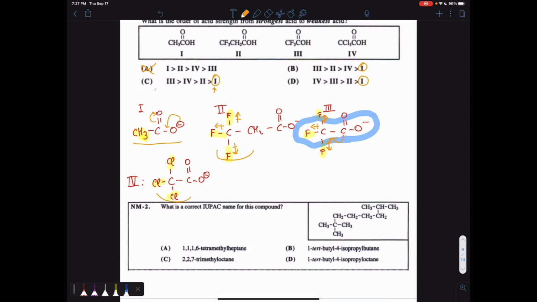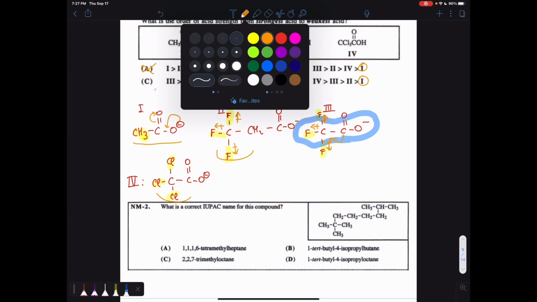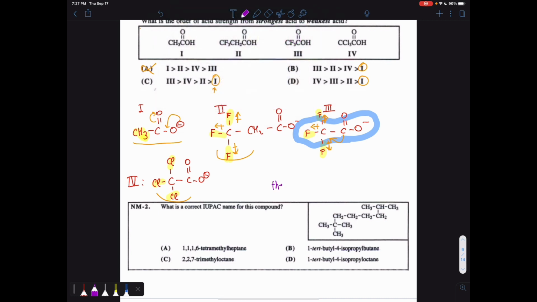Now, you should know that the inductive effect decreases a lot with distance. So the farther away, the less the inductive effect.